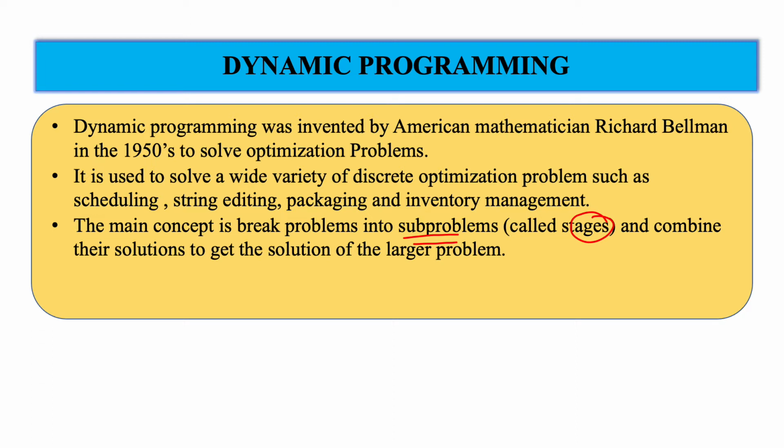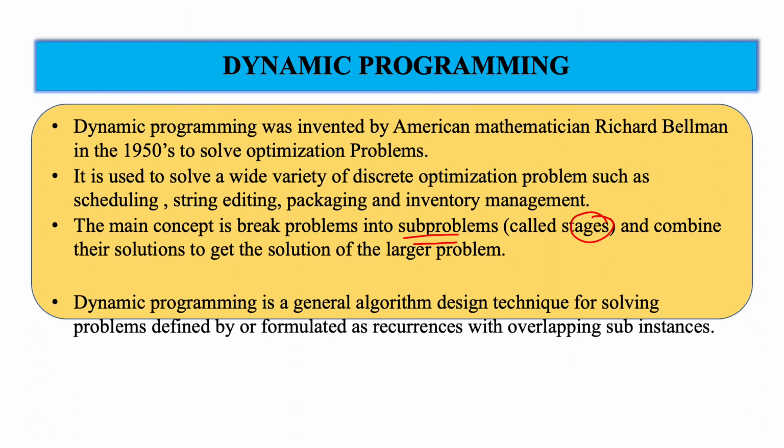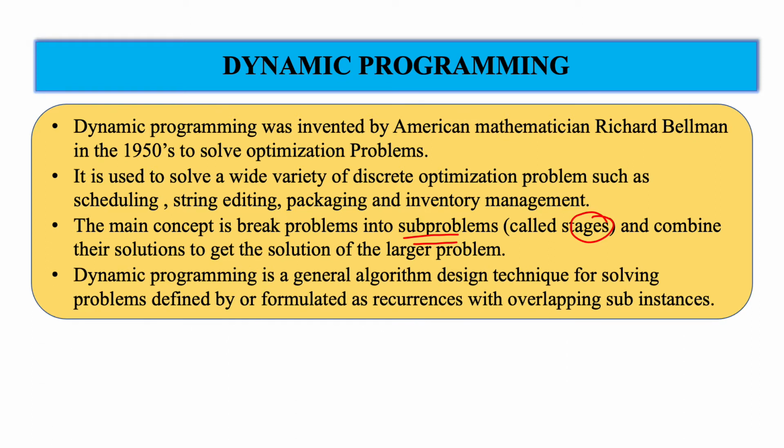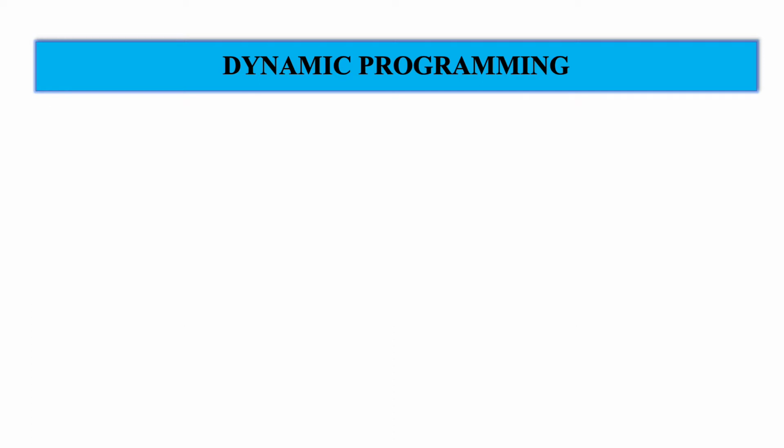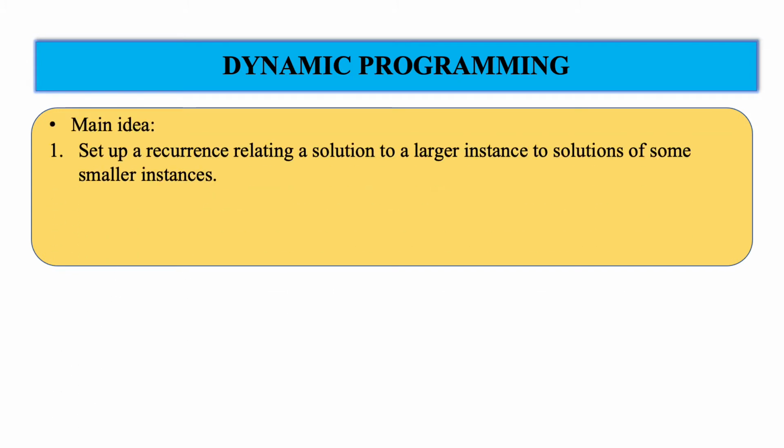Now, dynamic programming is a general algorithm technique for solving problems defined by or formulated as recurrences with overlapping sub instances. What does it mean? We will discuss it by an example. The main idea is to set up an equation relating the solution of a large instance to the solution of some similar smaller instance.